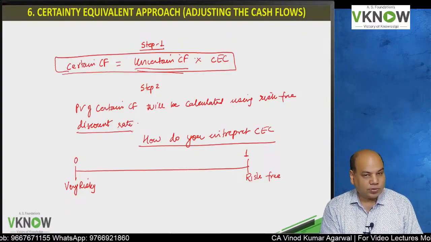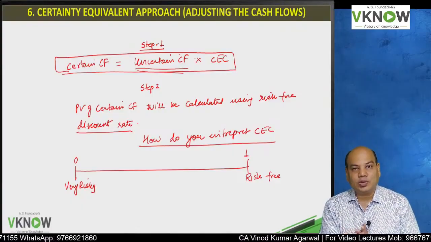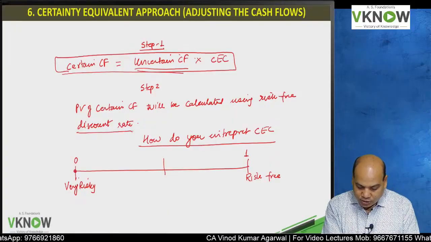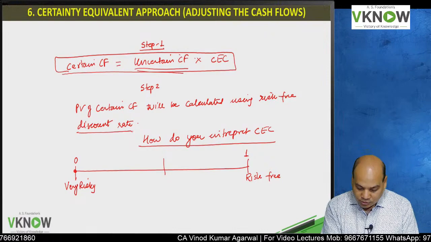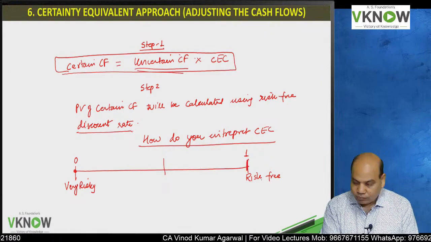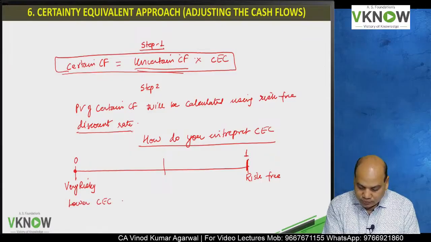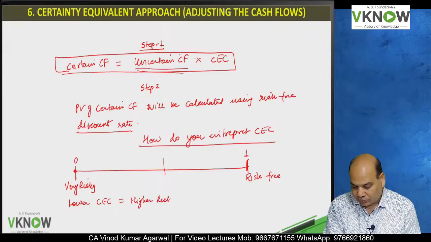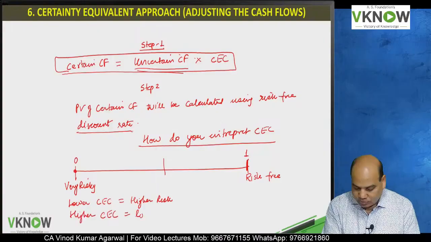When your certain cash flow and uncertain cash flow both are same, the ratio will become 1. So if you are near 0, risk is more. If you are near 1, risk is less. Lower CEC means higher risk, and higher CEC means lower risk.